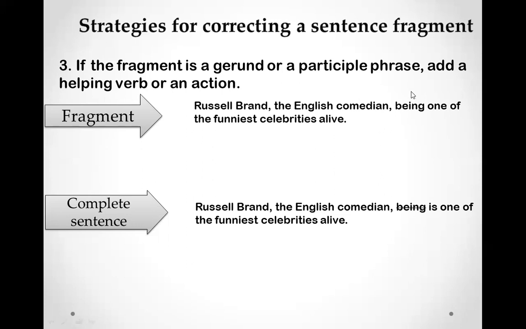So instead of saying taking, it will be is taking or will be taking. Or I can change taking, which is a participle, into an action verb: takes or took or will take. So in this case, I avoid the gerund or the participle phrase and I put an action verb or a helping verb and the sentence will be complete.